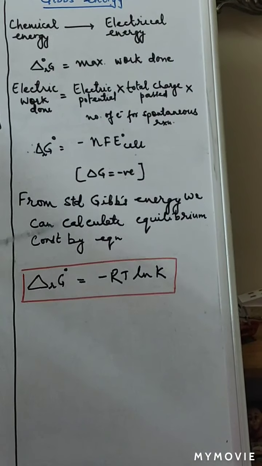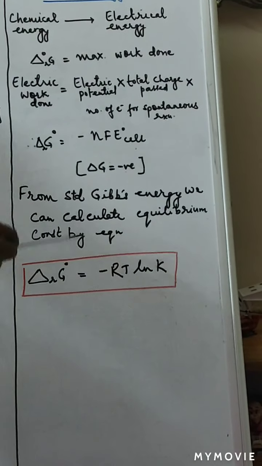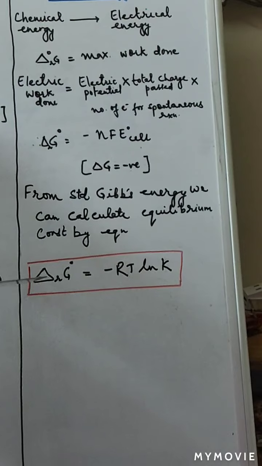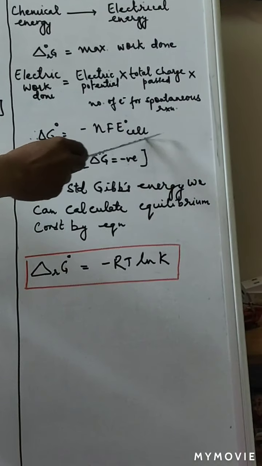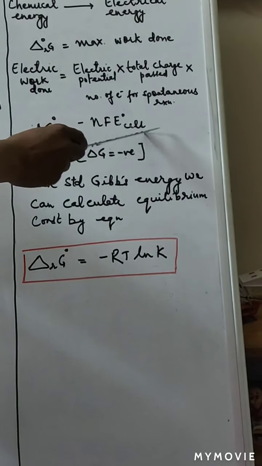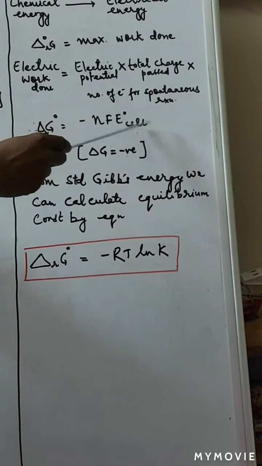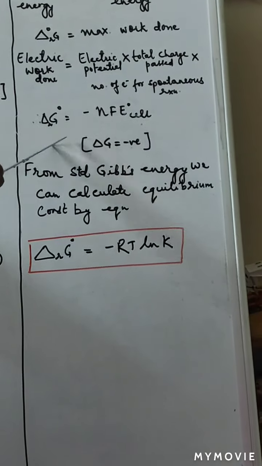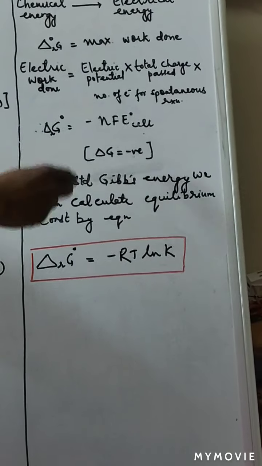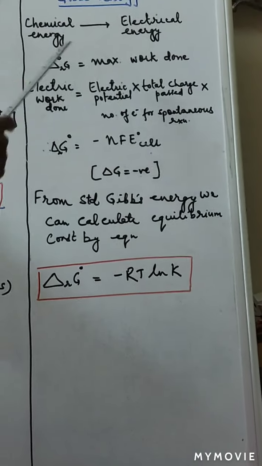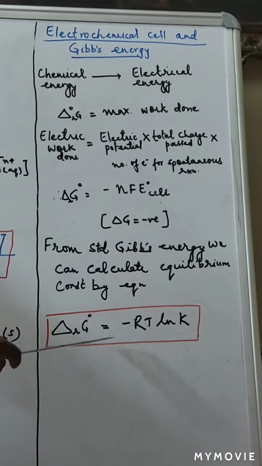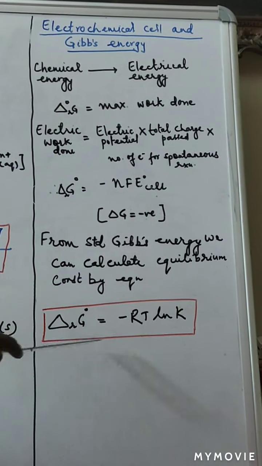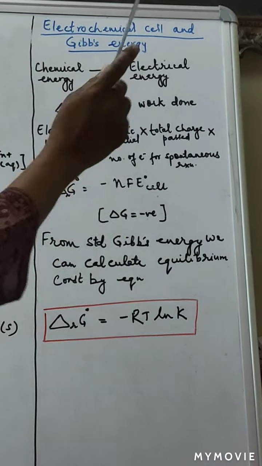Delta G should always be negative, for which it is important that this E naught cell should have a positive value. If this has a positive value, then only we will get the standard free energy change as negative for the spontaneous reaction. So for the electrochemical cell and Gibbs energy, we should remember this relationship: delta G naught is equal to minus RT log of K.